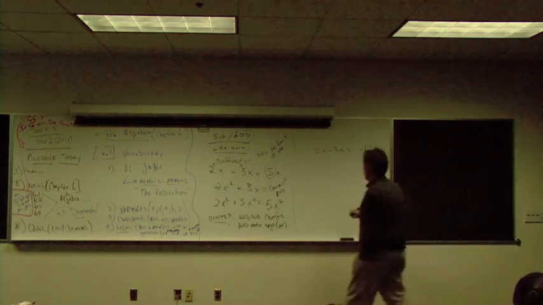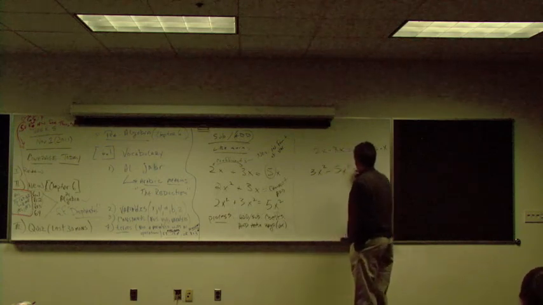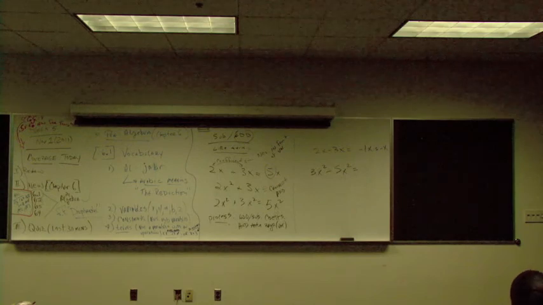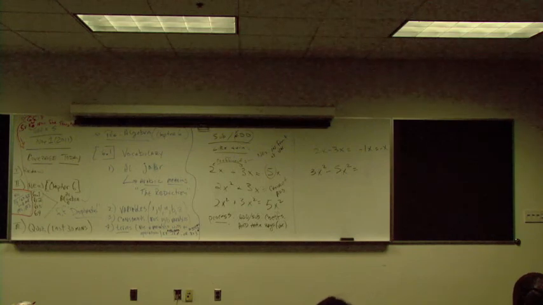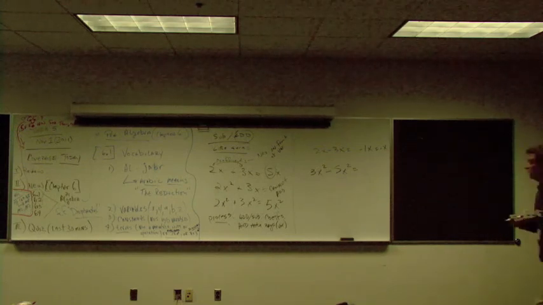Excellent. What about if I had 3x squared minus 5x squared? What's your name again? Casey. Casey? What do you think? Nice vest. I like it. Would that be 1x squared?